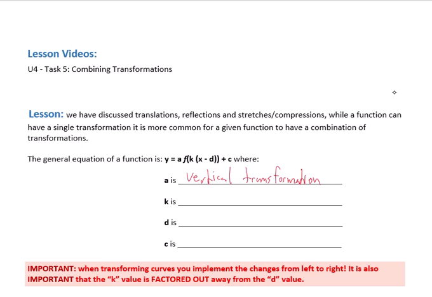And then k inside the bracket, that is our horizontal transformation. d inside the bracket, that is our horizontal translation. And then c on the very end, this is our vertical translation.